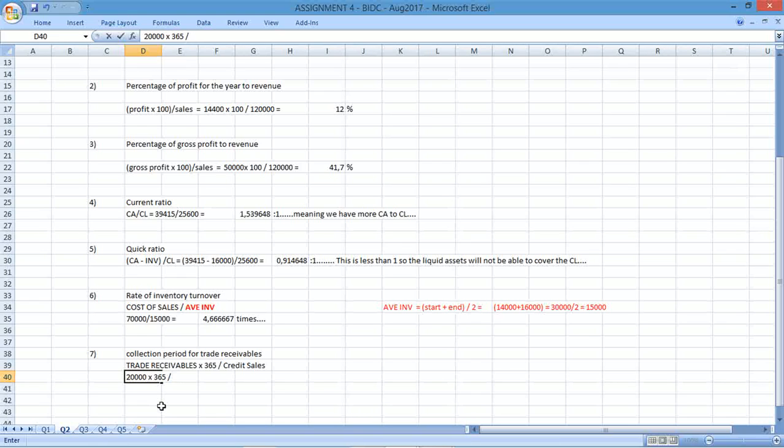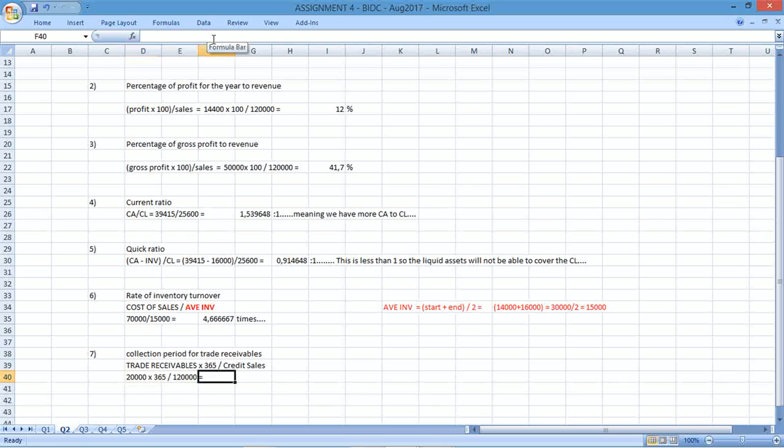Did they give me anything here in terms of additional information regarding how much of the sales are credit and how much of the sales are cash? They don't. So if they did, you would have to differentiate between the cash sales and the credit sales. All they gave you here was just total sales. So I would have to assume that all the sales that were made were on credit, because they didn't give me any other information in order to calculate an amount for the credit versus the cash.